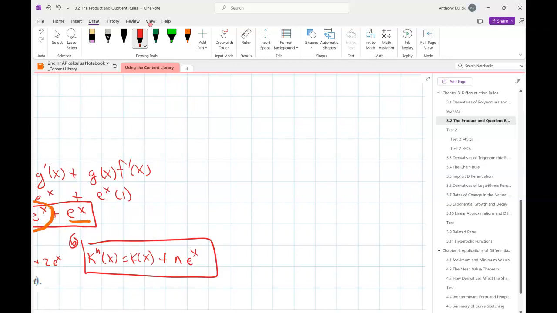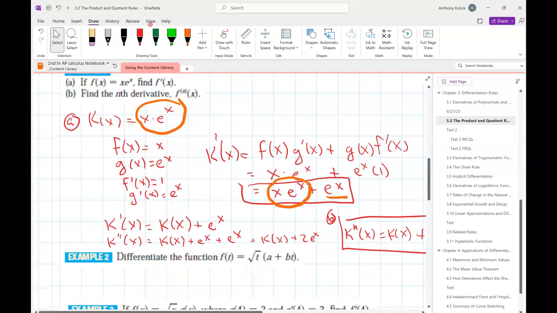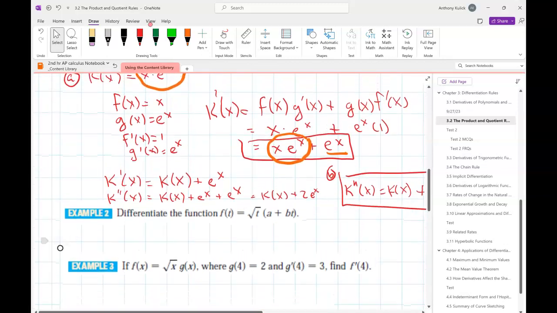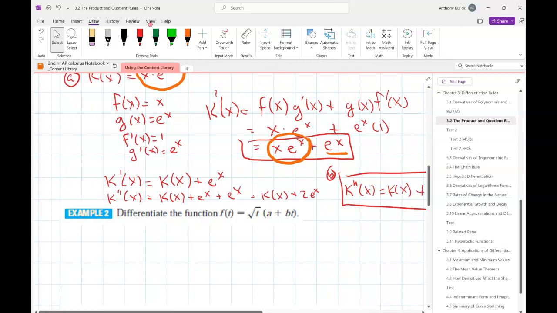Let's do another numeric example. Here we're told f of t is equal to square root t times a plus bt. Now, when I look at this, I don't see any reason to use the product rule.